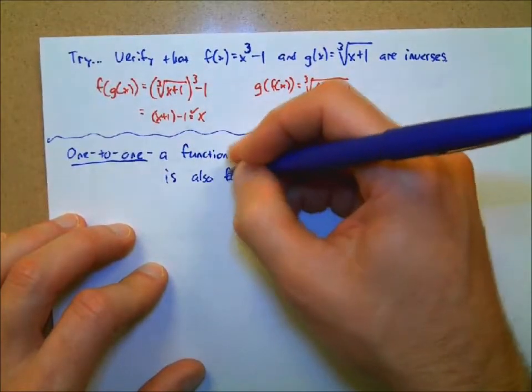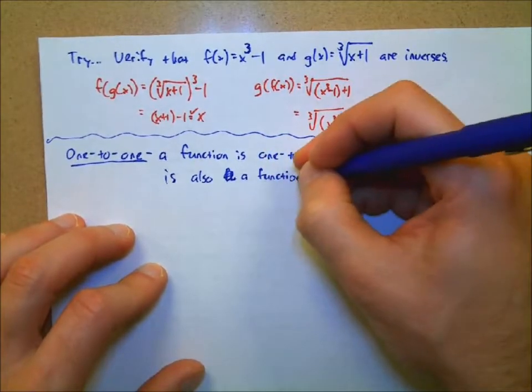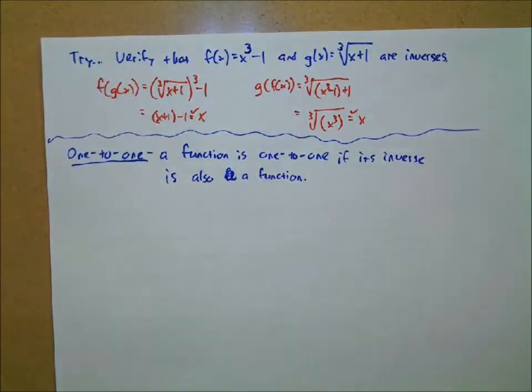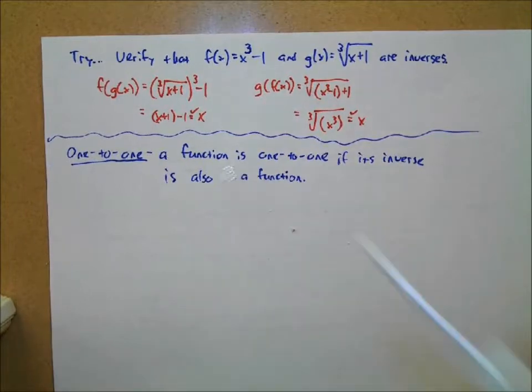Okay. A function is one-to-one if its inverse is also a function.